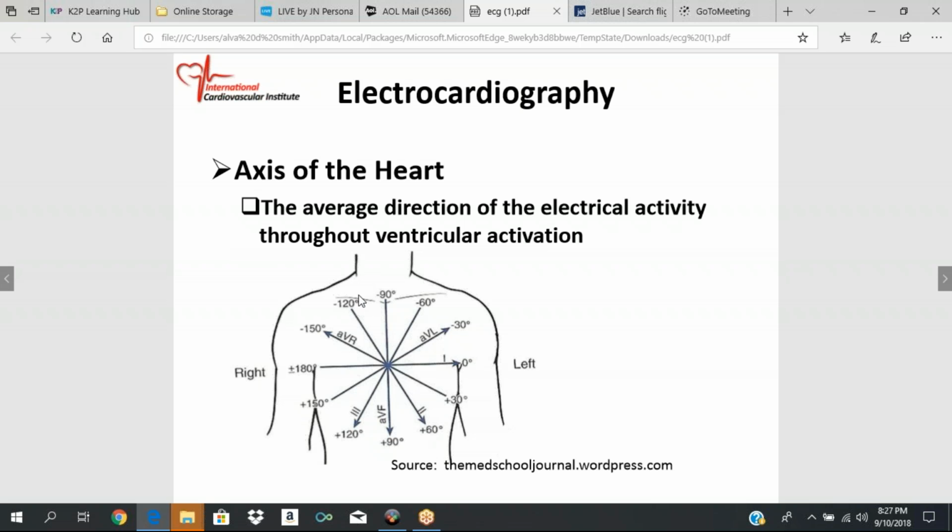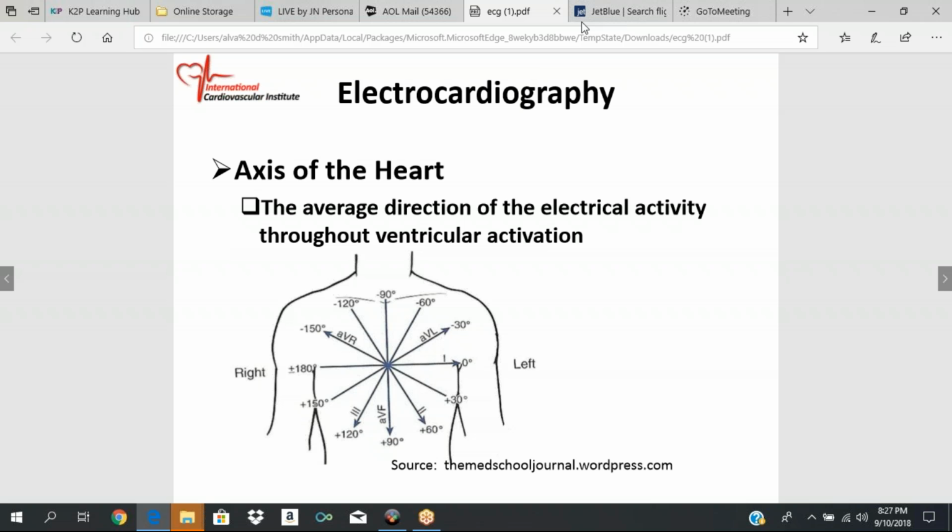And the impulse is going to travel straight down, through the atrium, through the AV junction, and through the bundle branch. So the normal axis is in this quadrant. So it's from 0 to 90 degrees.